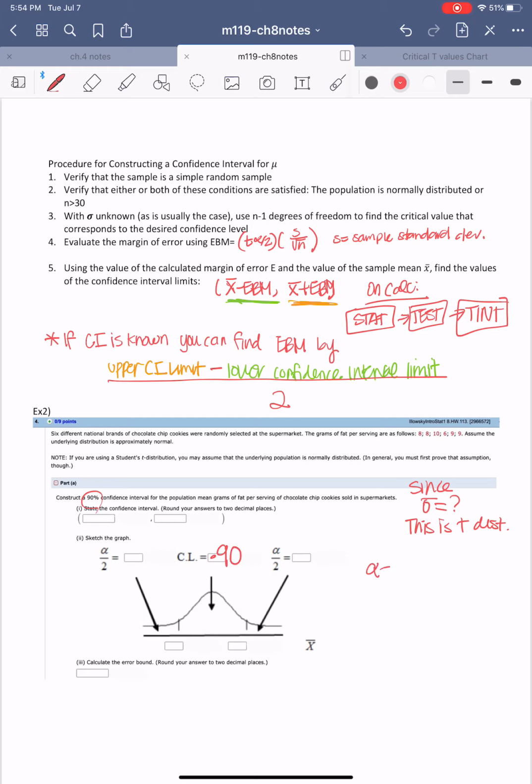So alpha value will be 10%, so one tail will be half of them, so 0.05 here, and then 0.05 here. We build a confidence interval, enter that, and then find the error bound. Let's do that using a calculator. Just like we did it with the z-int, you're gonna do it with t-int.